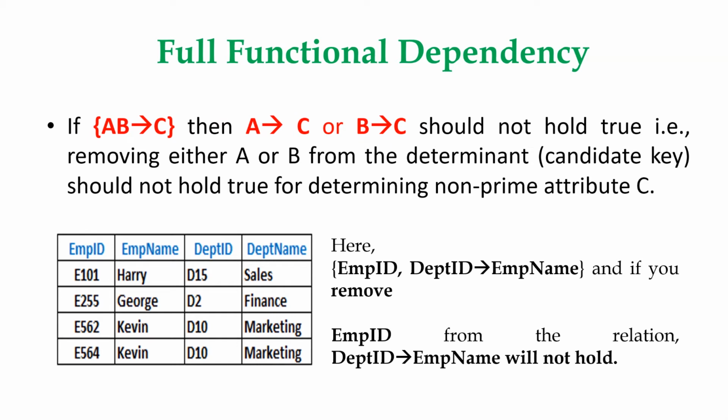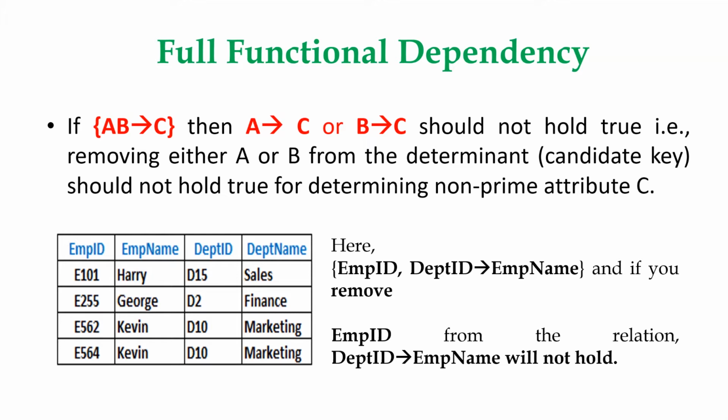Then full functional dependency. Now if there is a relation like AB tends to C, where A, B, C are all attributes and A, B together form the candidate key, that is, both are considered primary keys. Now if this is the case, then the relation A tends to C or B tends to C should not hold.